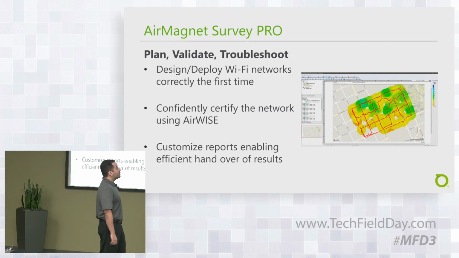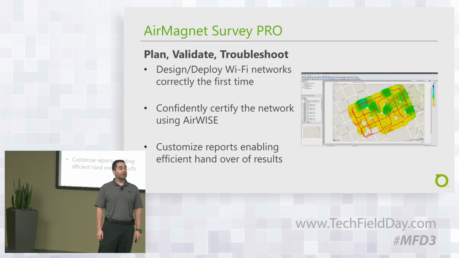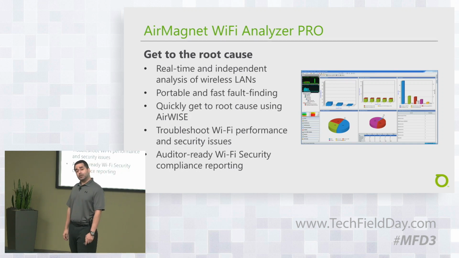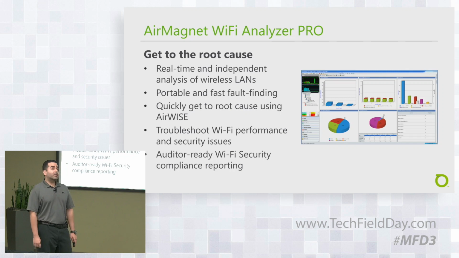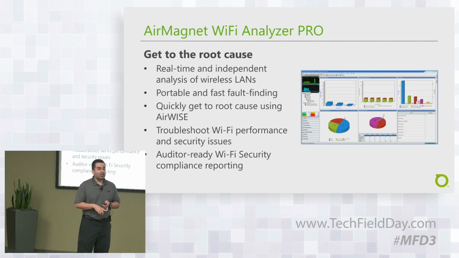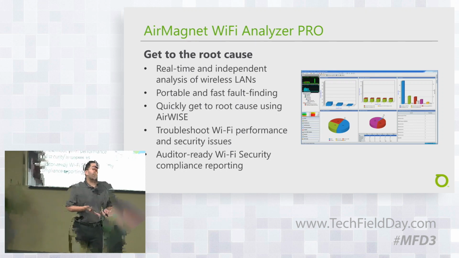Another product that's part of the AirMagnet family is the Wi-Fi Analyzer. This one is a little different. At least I like to think of it as a compilation of troubleshooting tools. You have roaming analysis, you have packet analysis, you have what we call the Airwise intelligence, which is the name we give to the intelligence of the system.